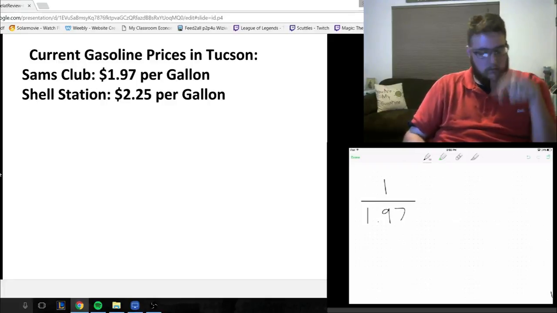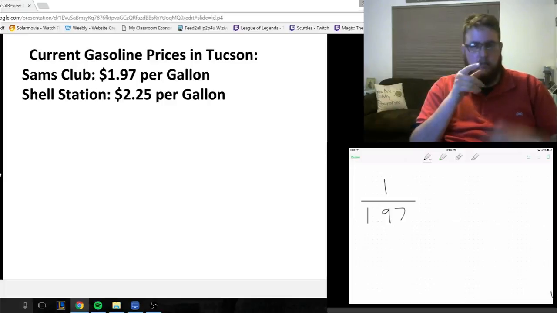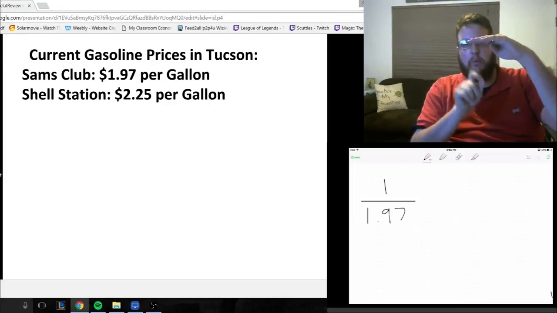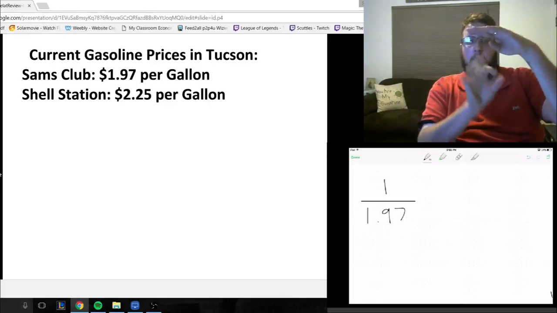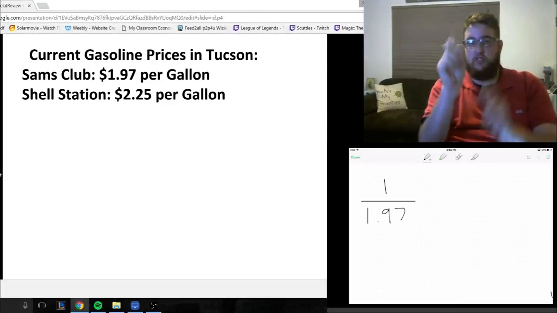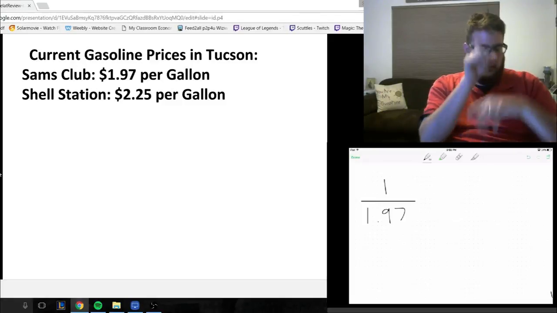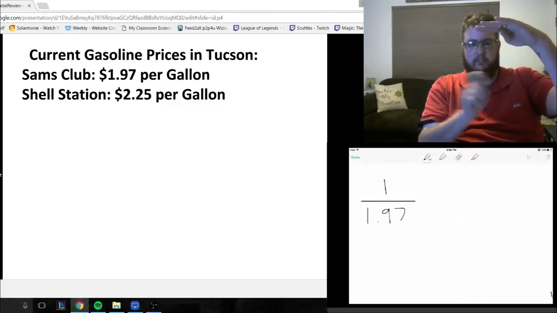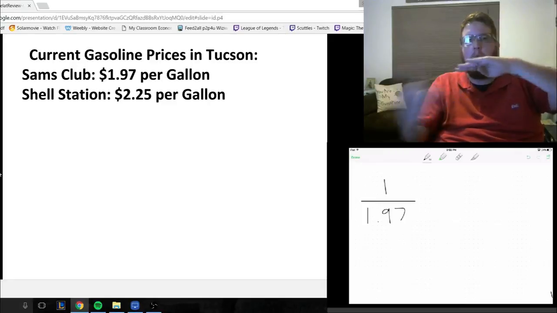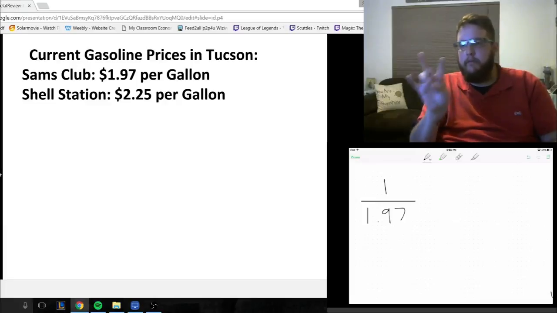Because notice that this is not a unit rate any longer. This is not a unit rate because the denominator is no longer 1. The denominator is actually 1.97 now. So we must convert it from a ratio, which it is now, to a unit rate. And in order to do that, we must divide 1.97 by 1.97. And after we're done doing that, we must also divide the top, 1 divided by 1.97.